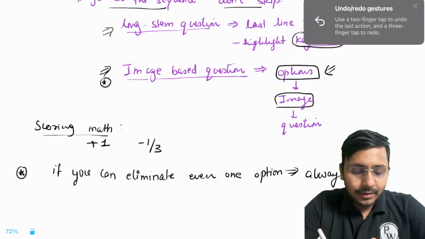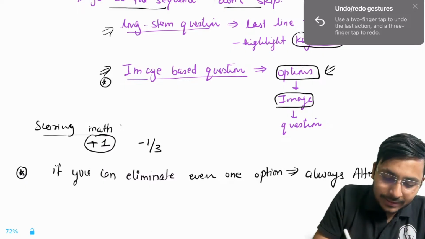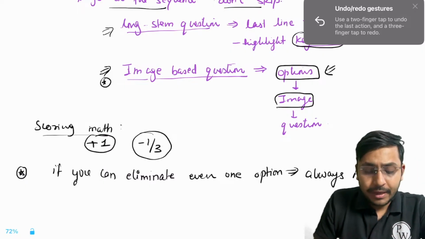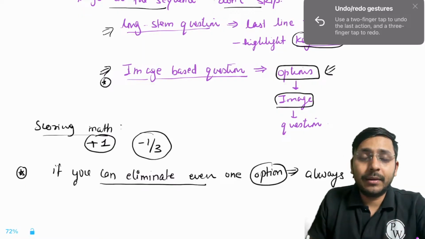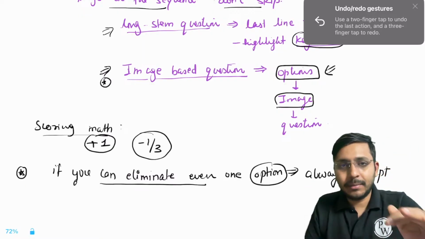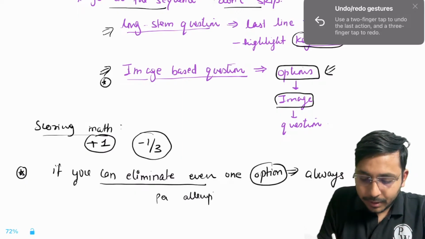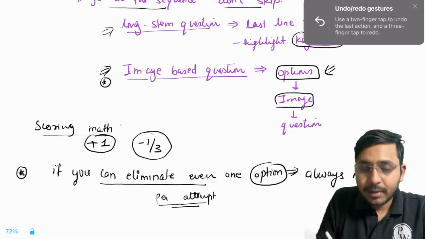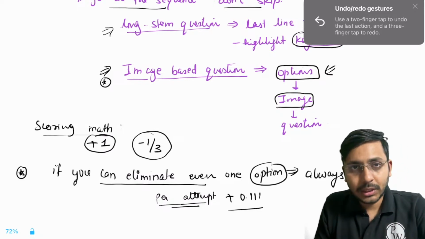So I was saying that the scoring is such that there is +1 and -1/3. So it works in your favor. If you are able to eliminate even one option, attempt, because if you look at the probability, and I'm not sharing the maths, I've done the maths, the per attempt probability of getting the positive score is plus 0.11, right?